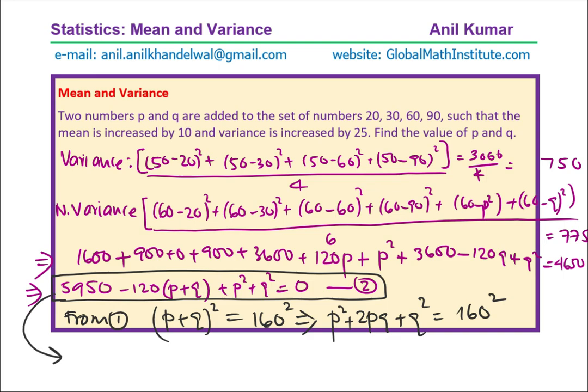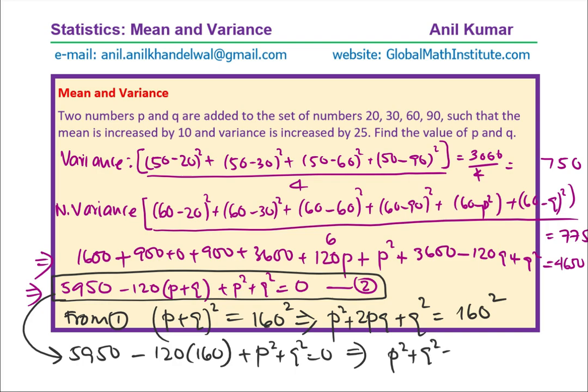So there we have 5950 minus 120 into 160, right? Plus p square plus q square equals 0. And that gives you p square plus q square as equal to 13250. Correct? So let's take it on the next page.